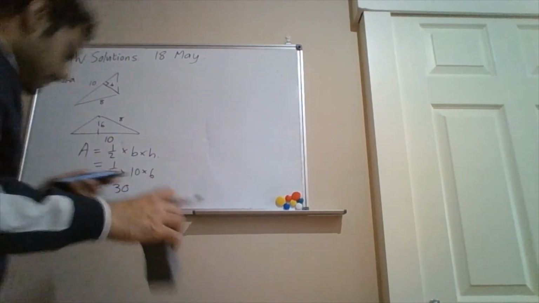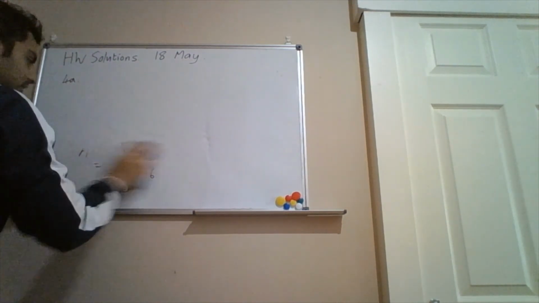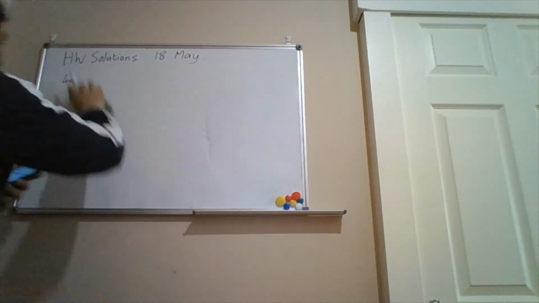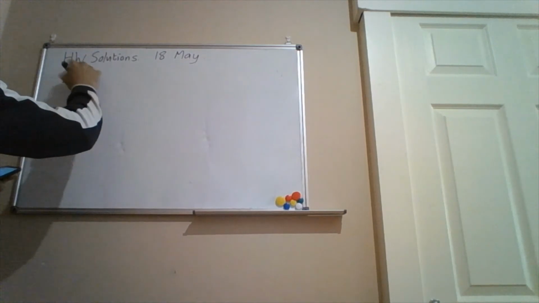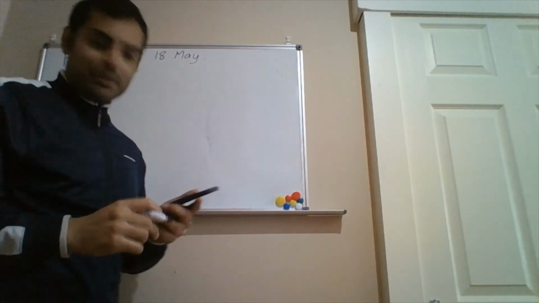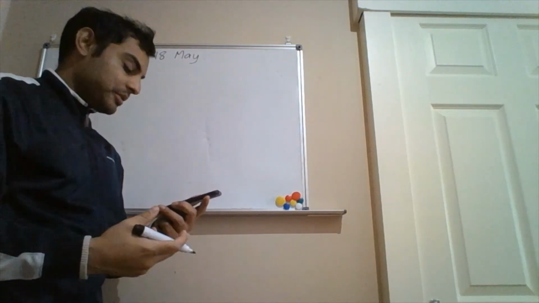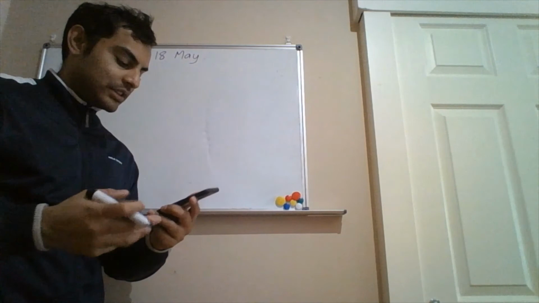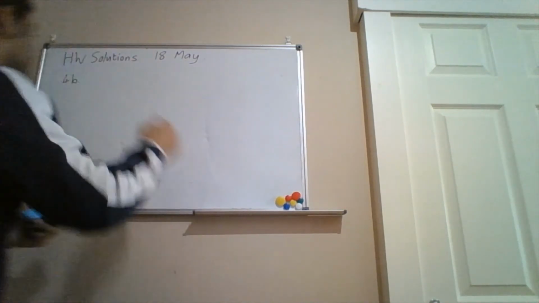Okay, next question, 4b. So 4b is another case where we have to split this shape up into shapes we can work with. So remember, the triangle, circle, and square are like our building blocks, and then we can make up these compound shapes.